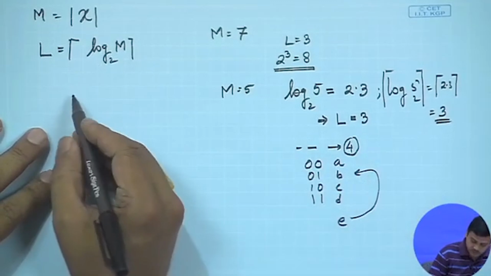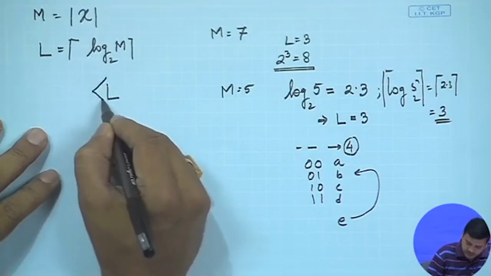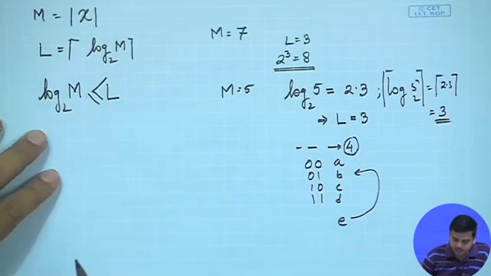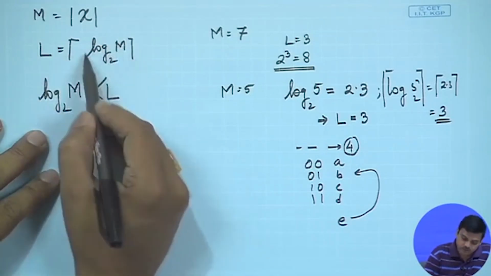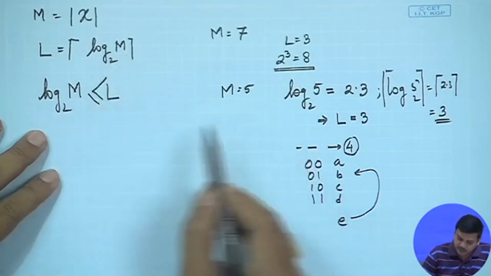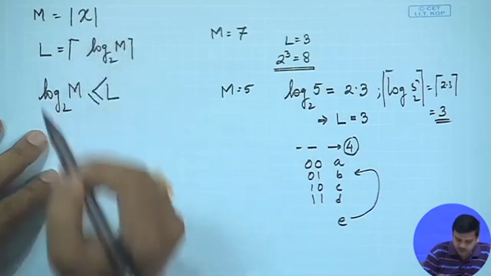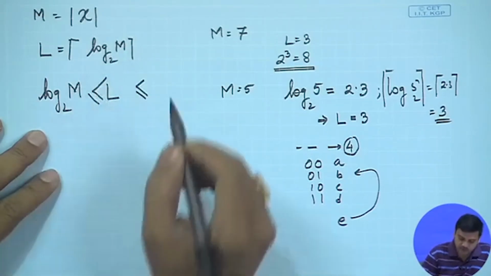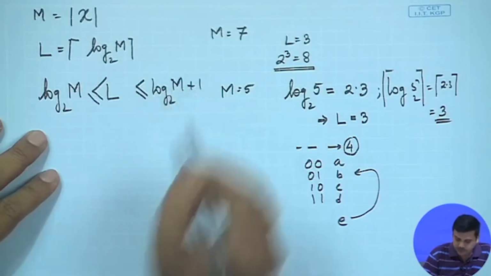Now, we can also say that L should be greater than or equal to log base 2 of M, because this number is the smallest possible integer greater than or equal to log base 2 of M. And because it is the smallest such integer, L should be less than log base 2 of M plus 1.